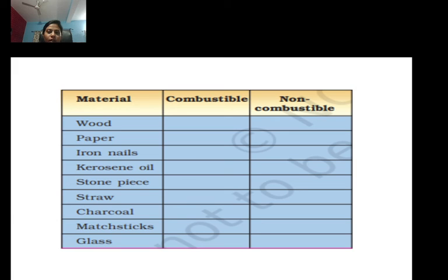Yes, student. Okay. So can you mention any conditions required for combustion, what can be the factors, what can be the necessary things which are necessary for combustion? Yes, student, come on. There must be oxygen or air must be there.